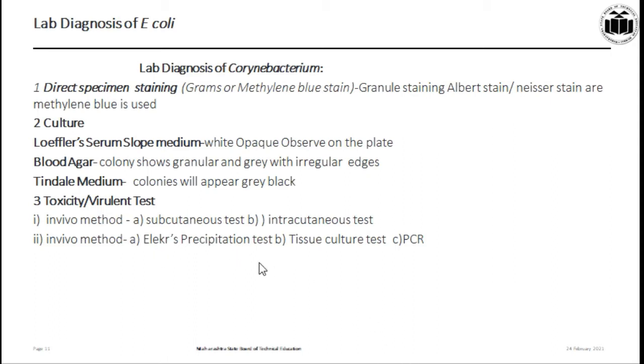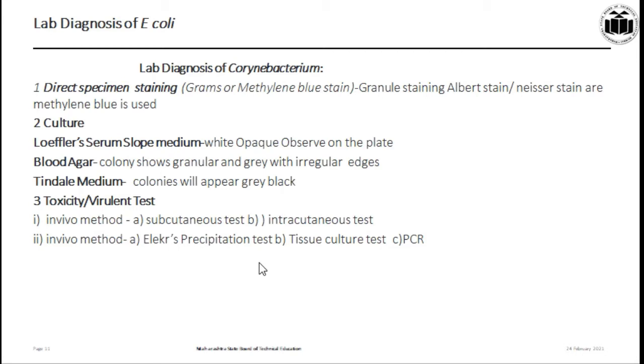In this test, the organism is used against the horse serum with antitoxin at a right angle, and if precipitation occurs, there is a confirmation of Corynebacteria.